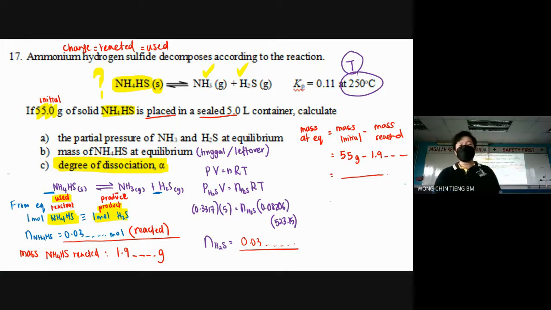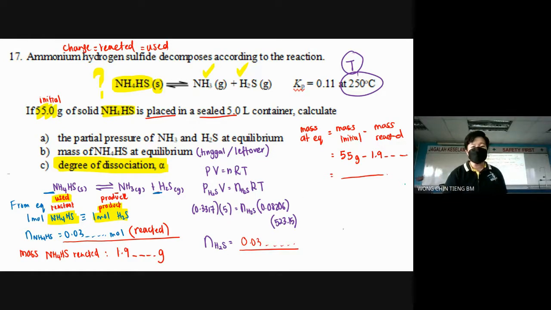So, when the question say degree of dissociation, I think the biggest problem in this question adalah dia tak bagi tahu dia nak kira untuk siapa. 99.9% bila soalan keluar degree of dissociation, dia takkan tanya siapa punya dia nak cari.